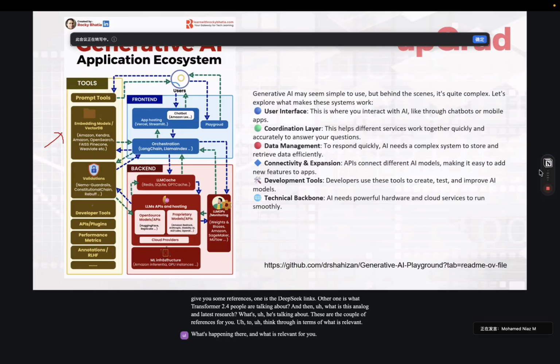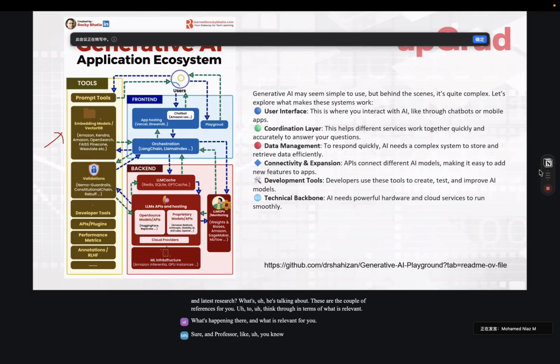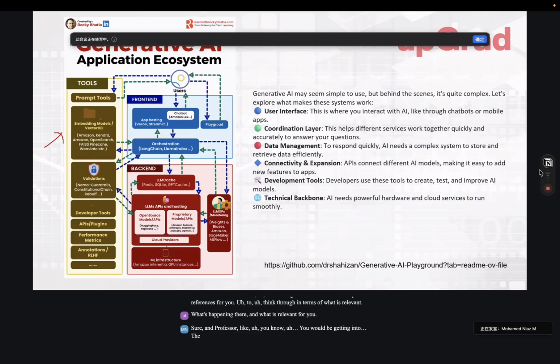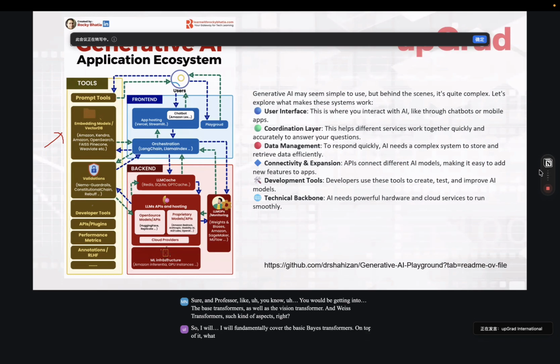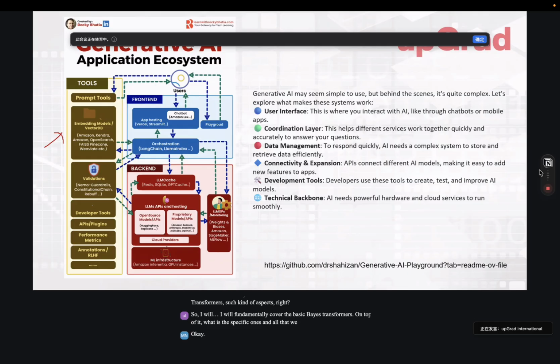Sure. And Professor, you would be getting into the base transformers as well as the vision transformer and voice transformer aspects, right? I will fundamentally cover the basic base transformers; on top of it, we can see the specific ones. My concentration will be to get up to speed from RNN onwards, LSTM, which I will briefly touch upon.